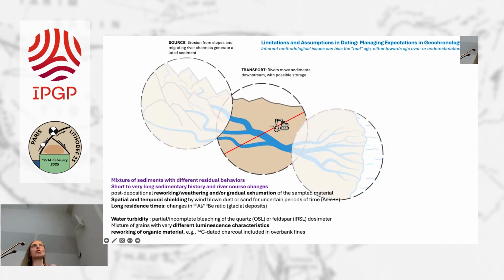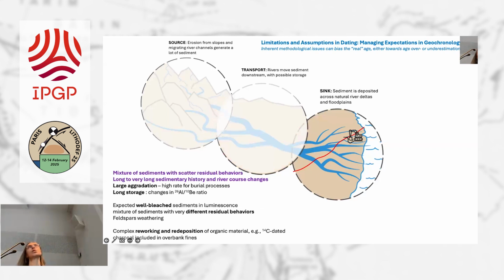We also have long residence time, so the ratio between different isotopes can change. Looking at the OSL, we may face some problems with water turbidity, meaning, again, incomplete bleaching. But now we are dealing with very different luminescence characteristics. And for the 14C, we may have some reworking of this material.